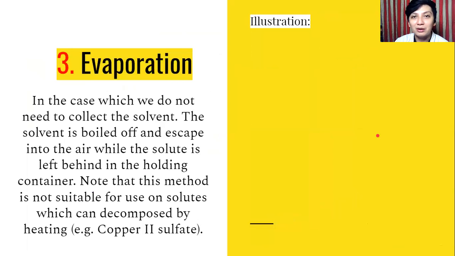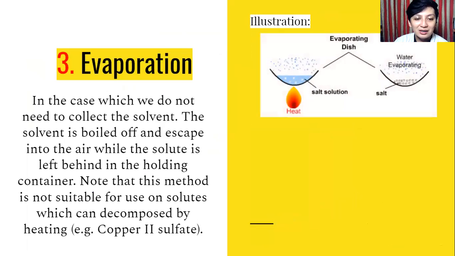Let's proceed to number 3. Number 3 is all about evaporation. In this case, which we do not need to collect the solvent, it is boiled off and it escapes into the air while the solute is left behind in the holding container. Note that this method is not suitable for use on solutes which can decompose by heating. Example, we have copper sulfate.